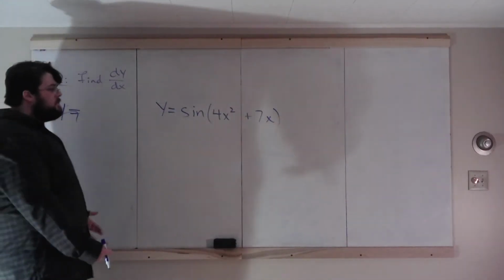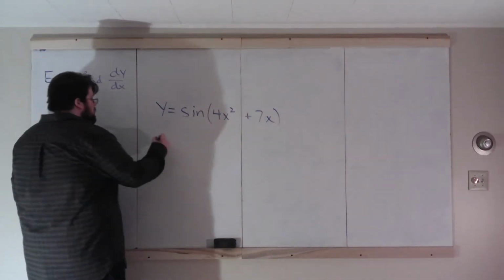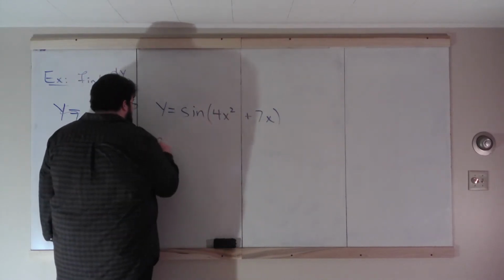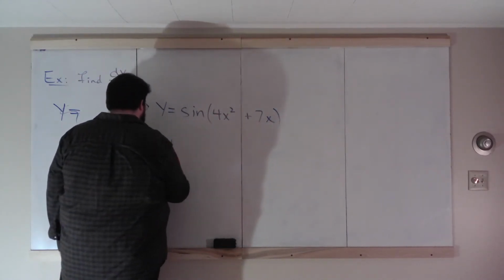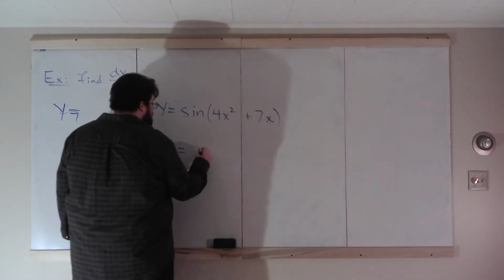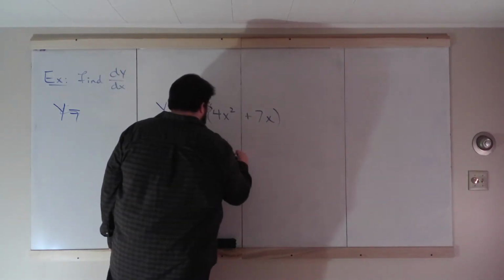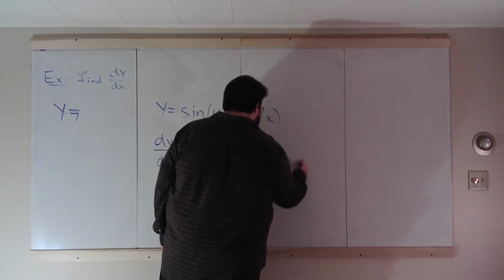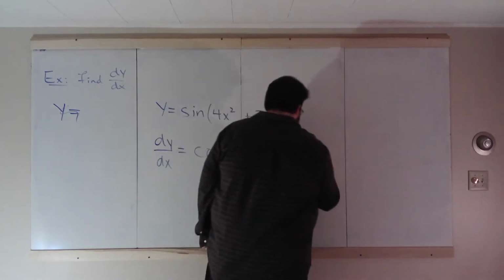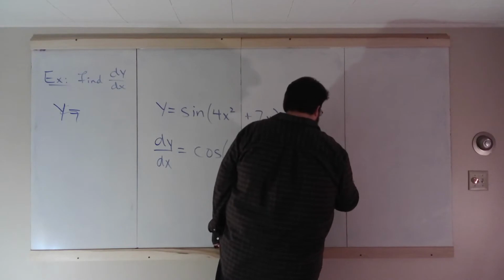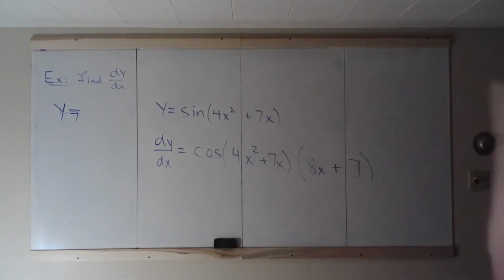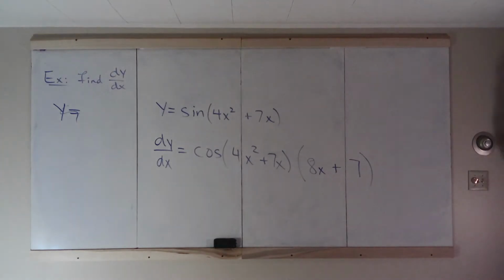Well, I'm just going to give you the answer and then talk about it. The answer is very similar to the previous line of thought. Dy dx is cosine of 4x squared plus 7x times 8x plus 7. Now this marker is running out too, so let's get another.